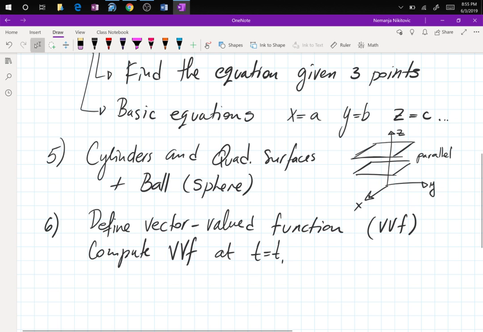And then understand that VVF is the set of parametric equations. So VVF equals set of parametric equations.